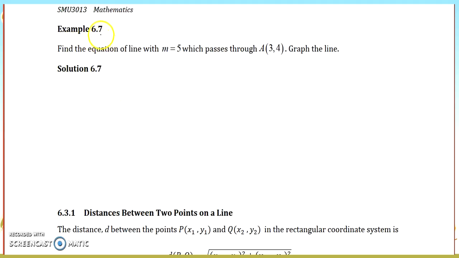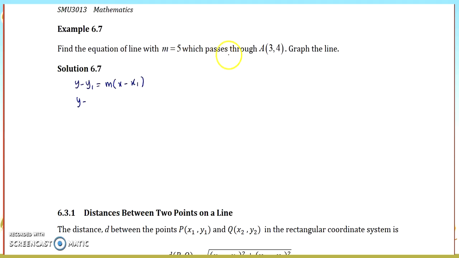Let's move to example 6.7. Find the equation of the line with gradient 5, which passes through point A with coordinate (3, 4). Graph the line. We are already given the slope and a coordinate of a point, so we can use the point slope form of a line: y minus y1 equals m times x minus x1.